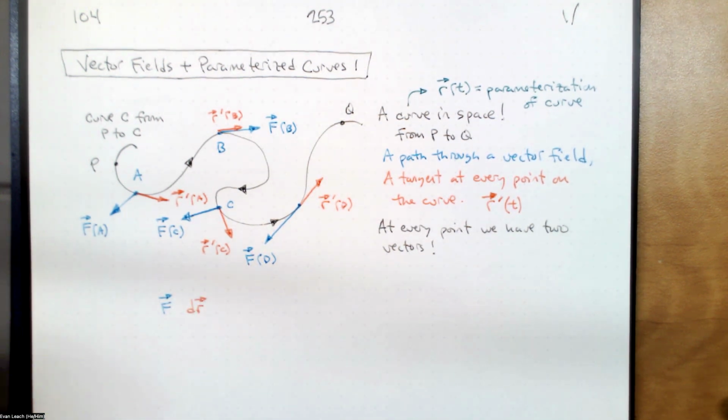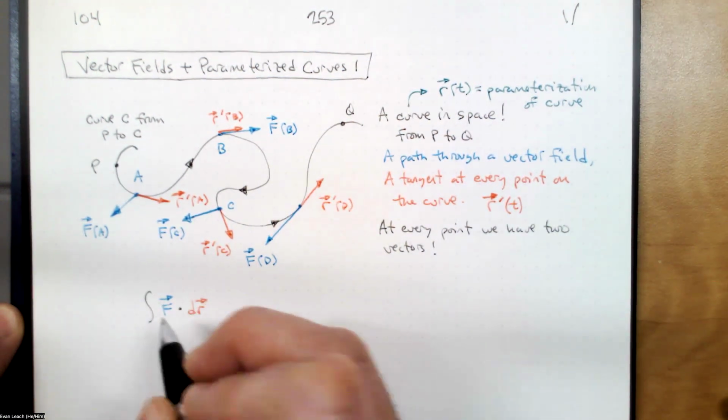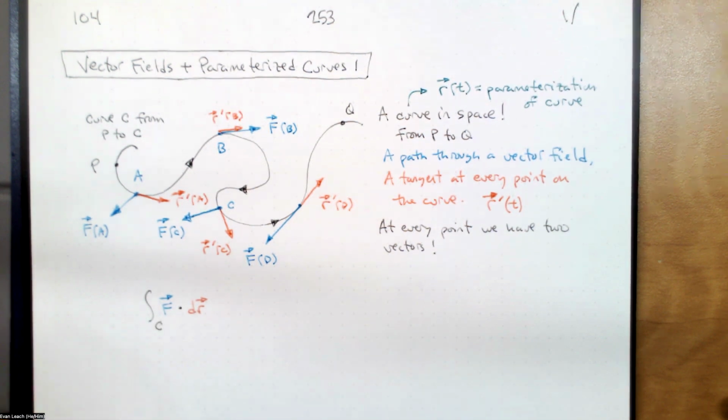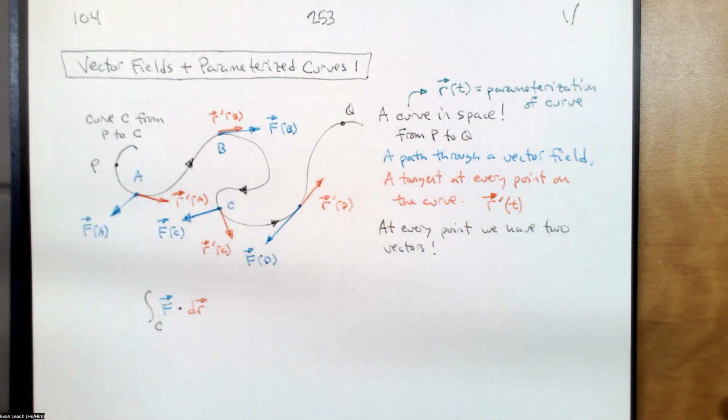We'll find a dot product. And then we will add up all these values along the curve C. This is called a line integral. The line is this curve. When we say line integral, we're talking about all the points along the curve.